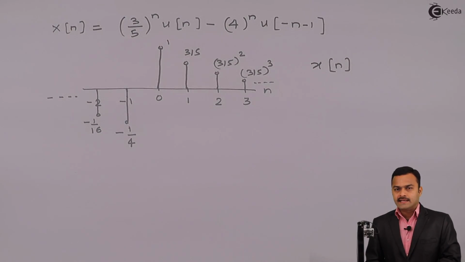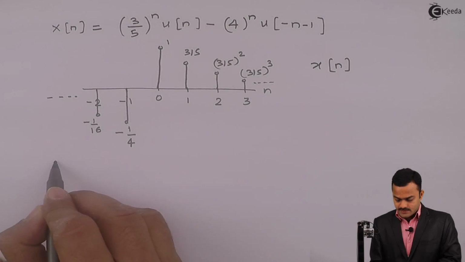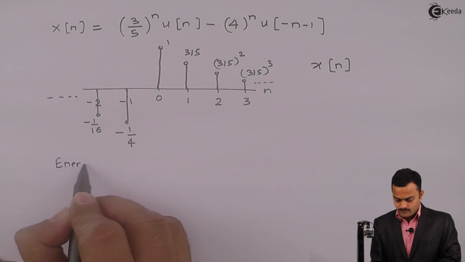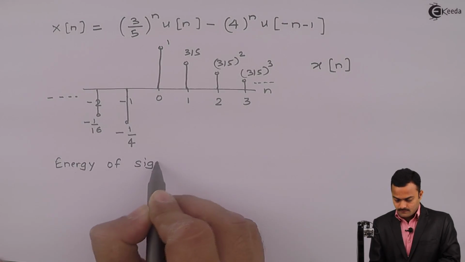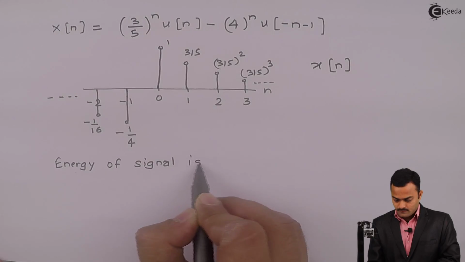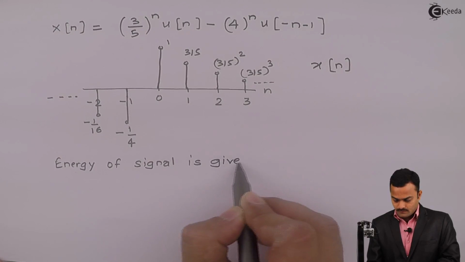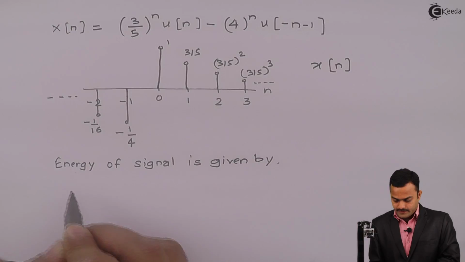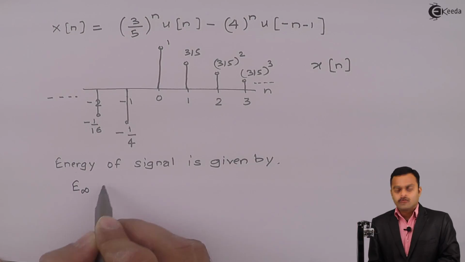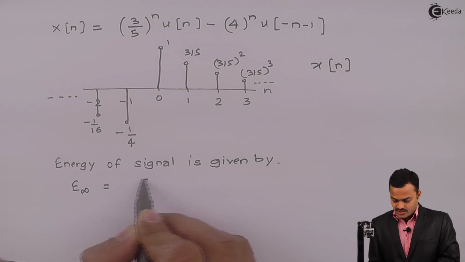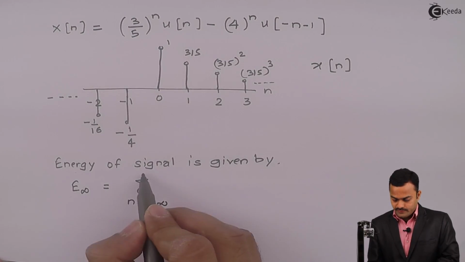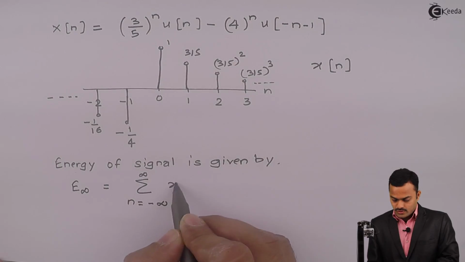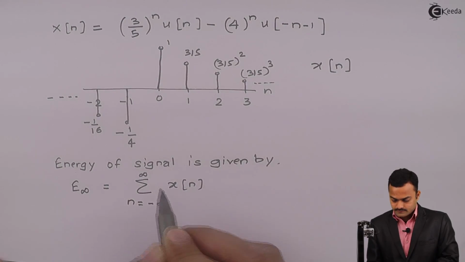Now let's find out its energy and power. The energy of the signal is given by E infinity equals summation n equal to minus infinity to infinity of x of n square.